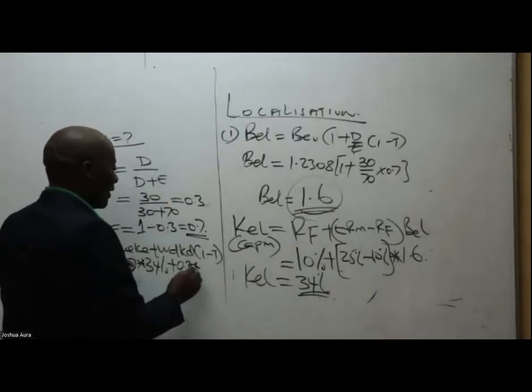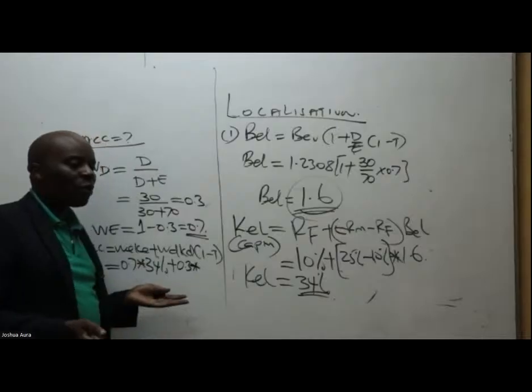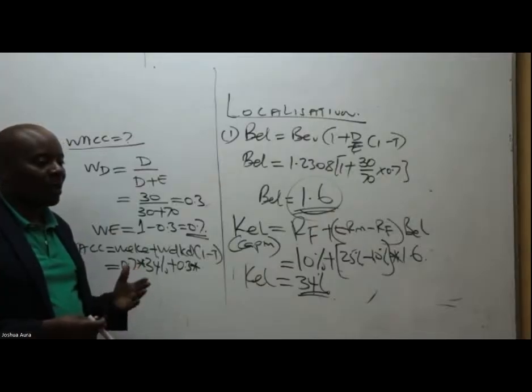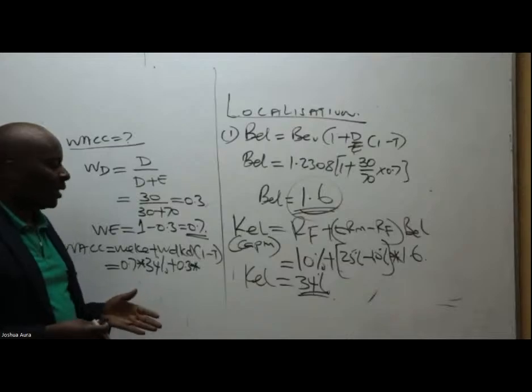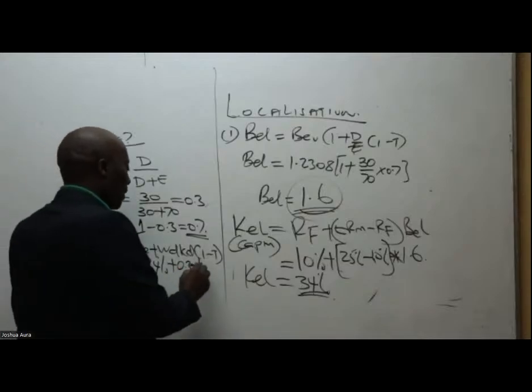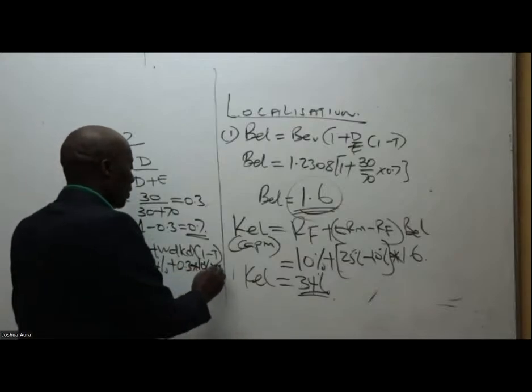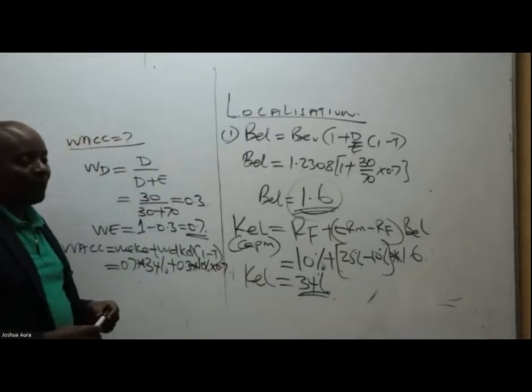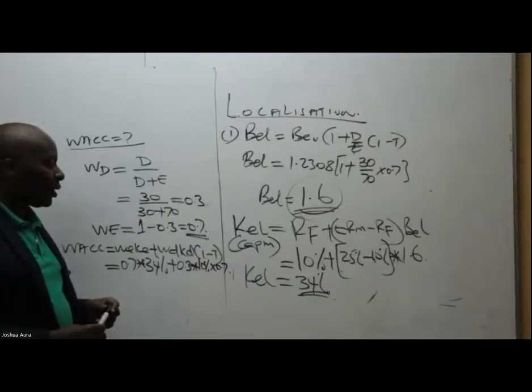Cost of debt, has it been given expressly or do we work with risk-free, which is 10%? We take risk-free, 10%, and multiply this by 0.7 because of 1 minus tax.